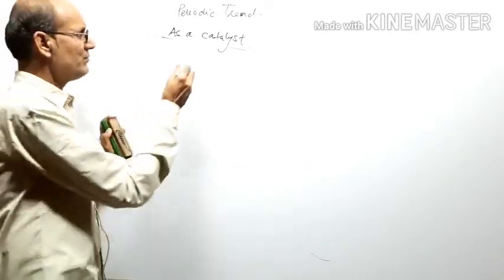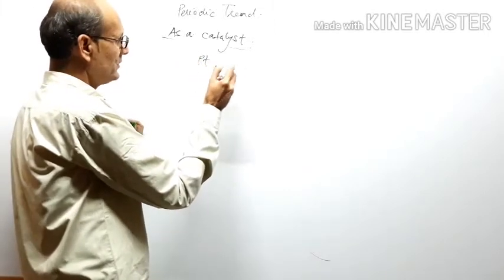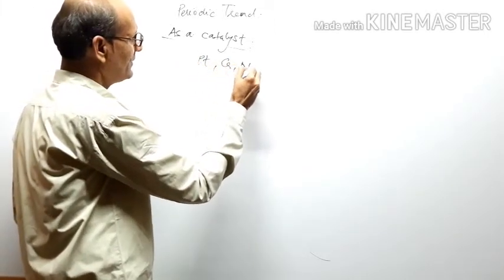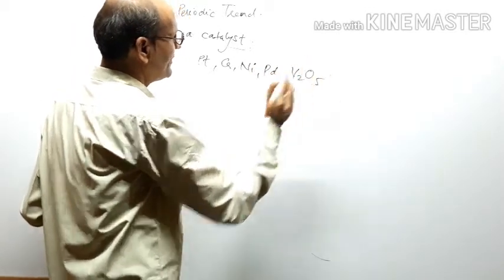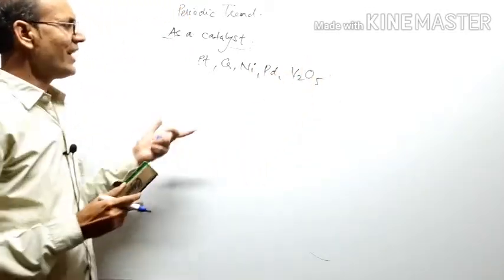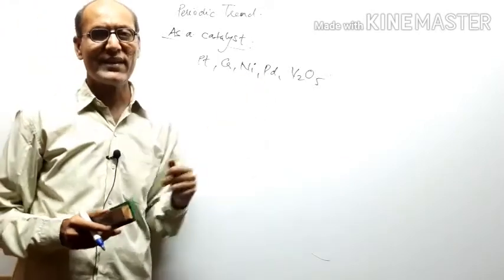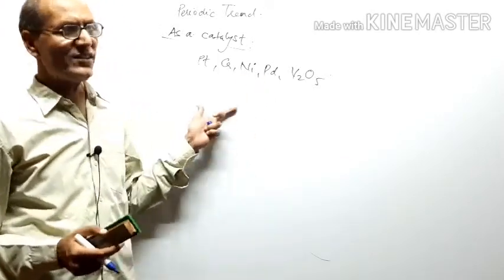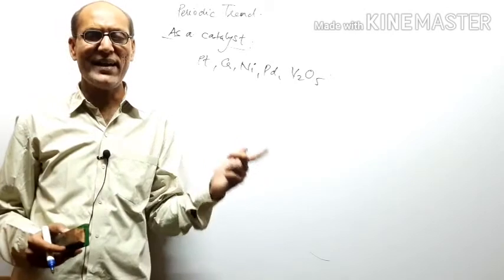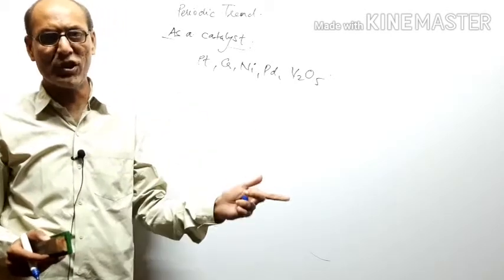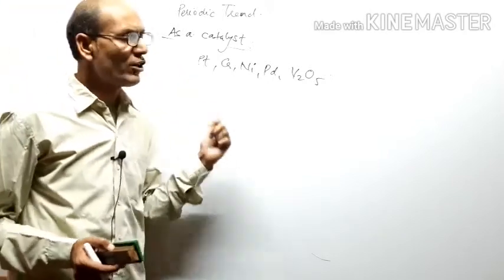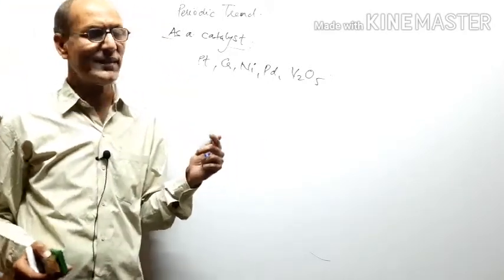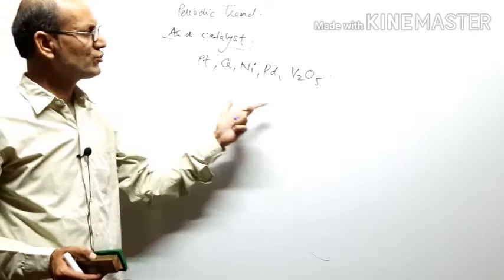Suppose platinum, chromium, nickel, palladium, V2O5. You know these are generally used as catalysts in reactions. Catalysts are substances which can alter the rate of a chemical reaction. So most of the d block elements like platinum, nickel, iron, cobalt can be used as catalysts.